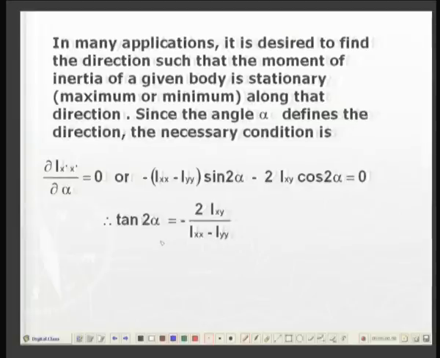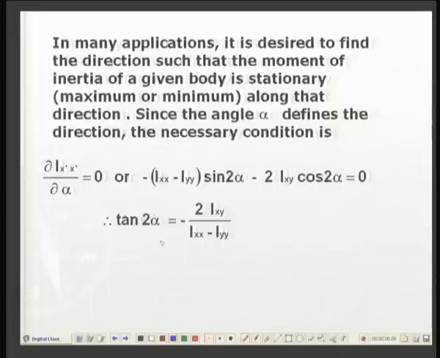You may recall from differential calculus that to find the stationary value of a function, the derivatives with respect to the variable have to be set equal to 0. Similarly here, to find the directions along which the moments of inertia will be stationary, we differentiate the expression with respect to alpha and set it equal to 0.